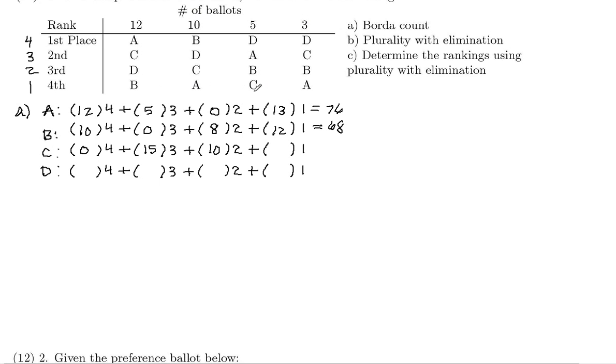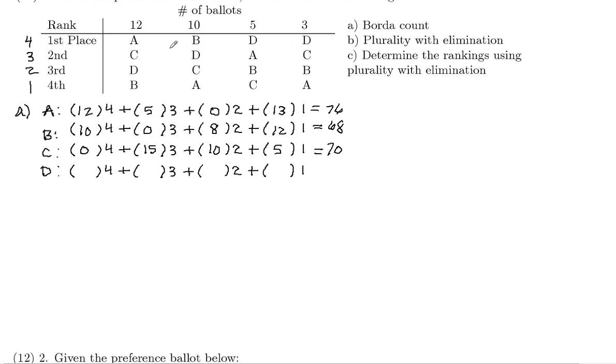And then fourth place, 5 ballots voted C fourth. So we got a 0 here. 3 times 15 is 45. Another 20, and then another 5. And that's 70. So even though C got no first place votes, it's still ahead of B. How about that? It's because it got a lot of second place votes.